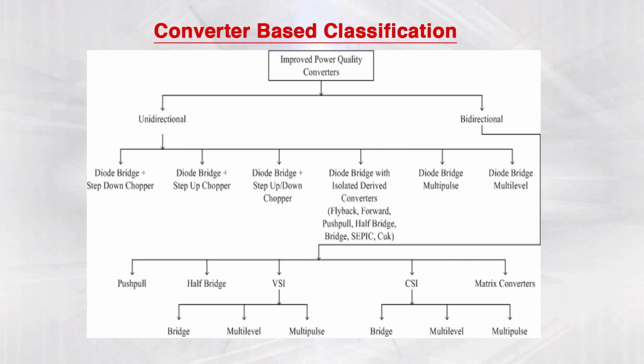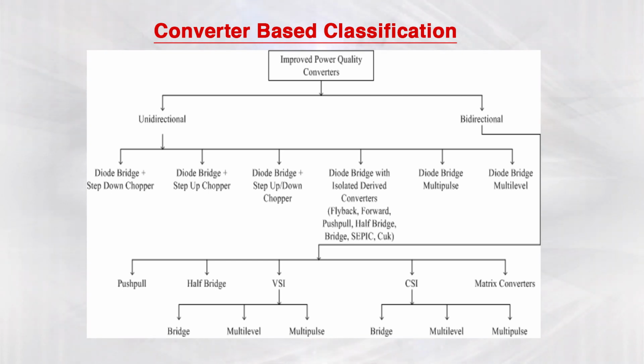For bidirectional we have some advanced converters like push pull, half bridge, and voltage source inverters, voltage source converters as well as current source inverters. And these VSIs may be 2 level bridge based, H bridge, and then people are going for higher level 3, 5 or other multi-level inverters.